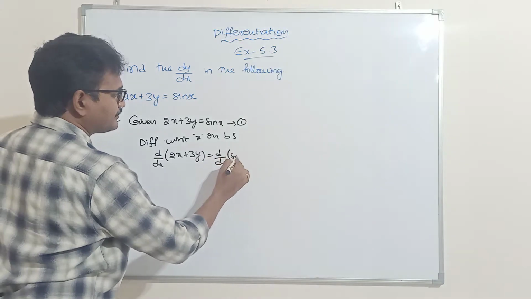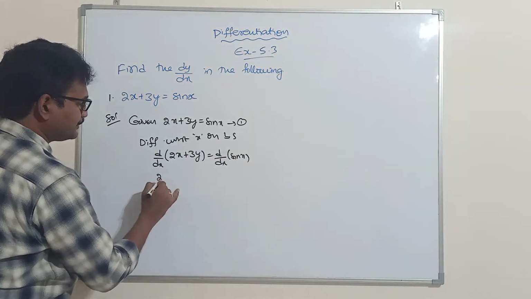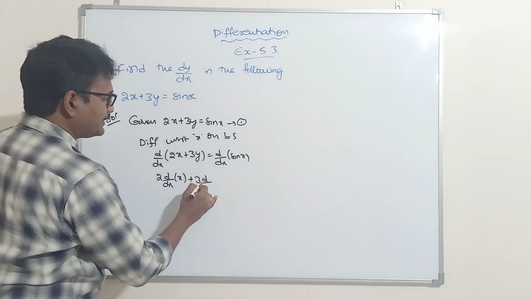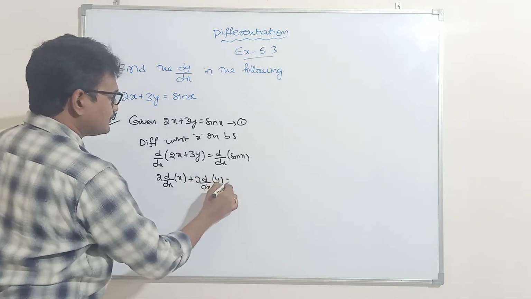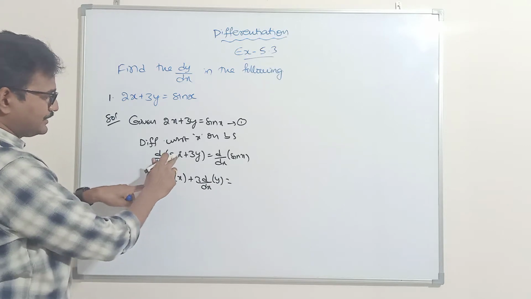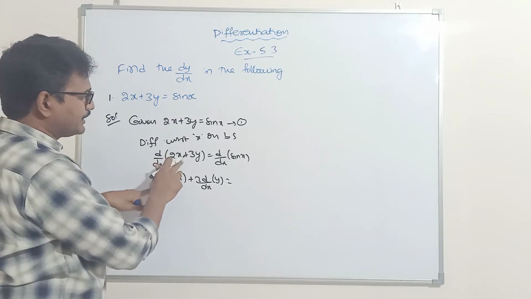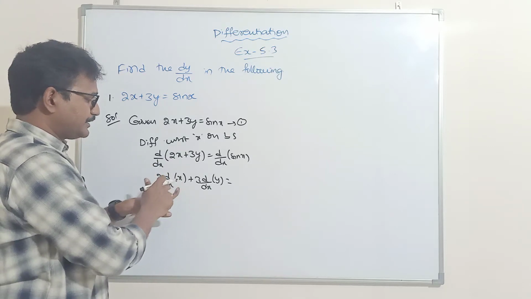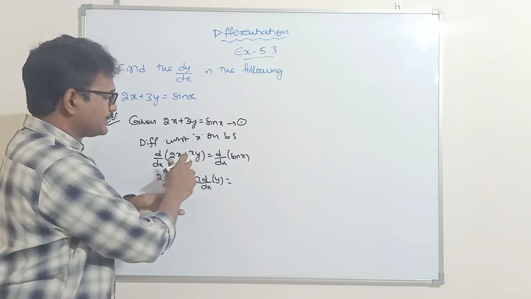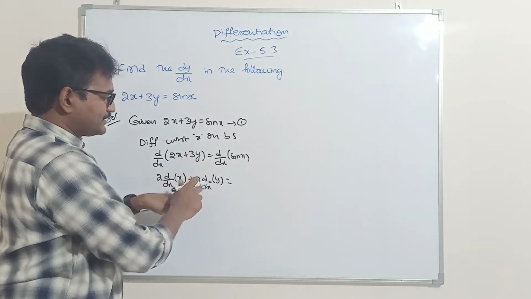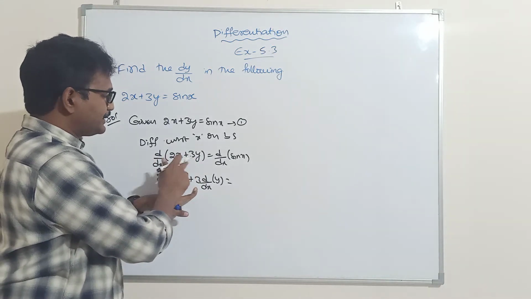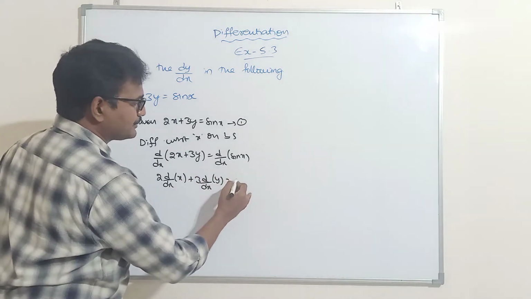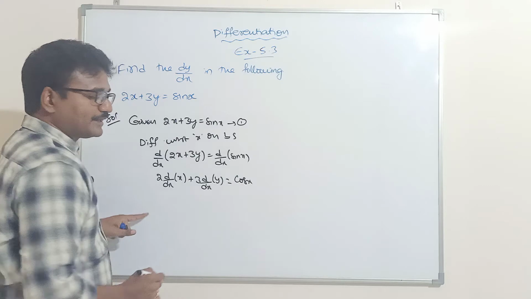Derivative of 2x means 2 into d by dx of x plus 3 into d by dx of y. If a constant multiplies a variable, write the constant before the derivative, into the derivative of the function. So 3 into the derivative of y with respect to x is equal to the derivative of sin x, which is cos x.